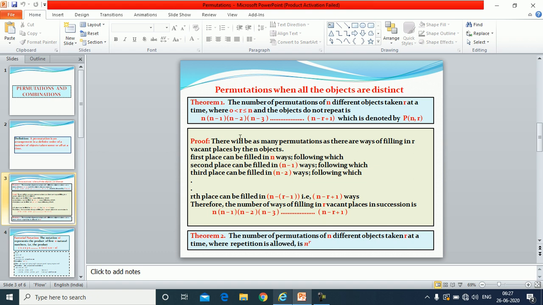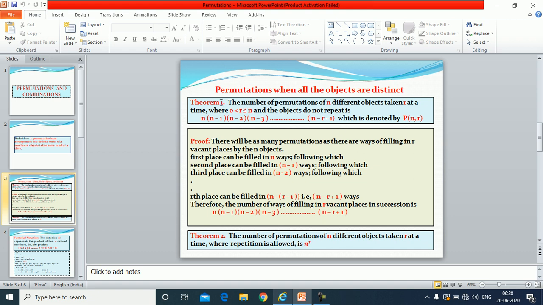Applying the same here, the number of permutations of n different objects taken r at a time means we are not arranging all the n objects; we are taking any r out of those n at a time. If you have to arrange r objects, they will be occupying r positions. Here r will be greater than 0 but less than or equal to n. Moreover, the restriction is that the objects do not repeat.